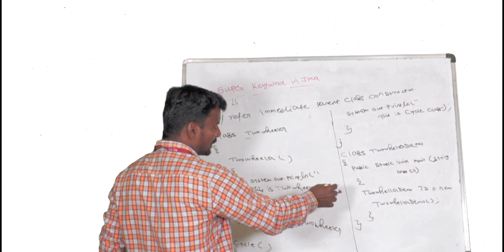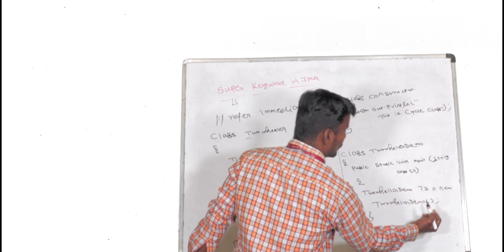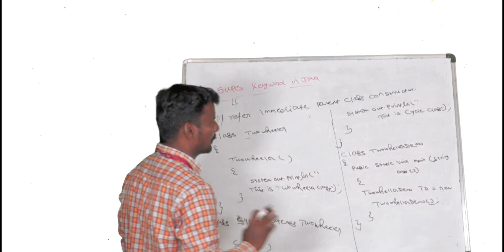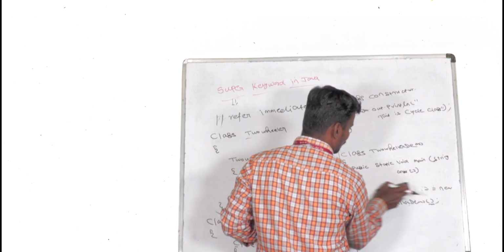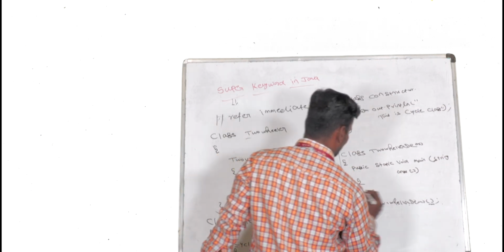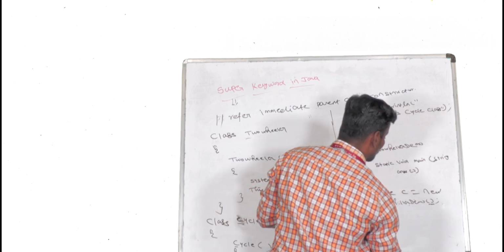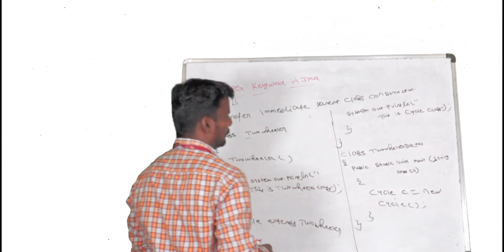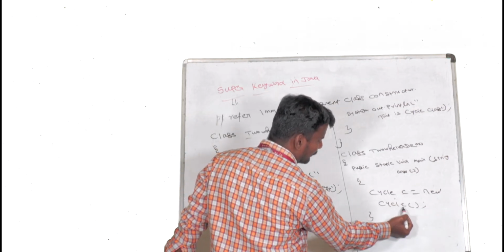Sorry, small change: we are creating the object by using the class name only, Cycle c is equal to new Cycle. So now we created one object and we are calling one constructor.